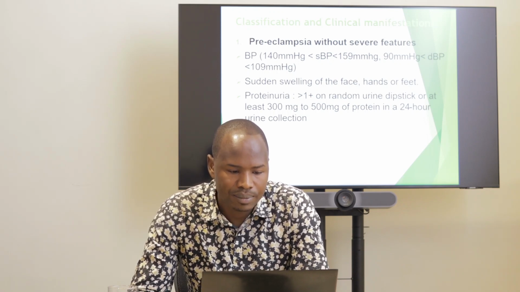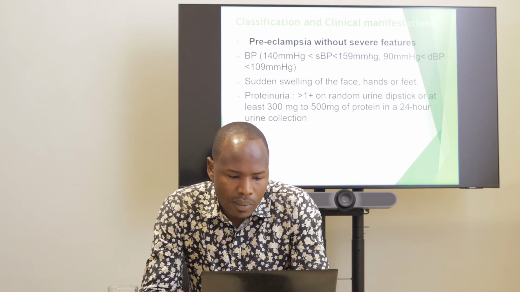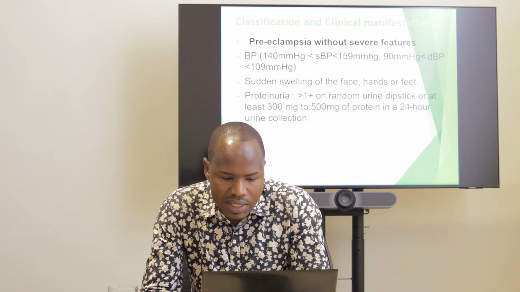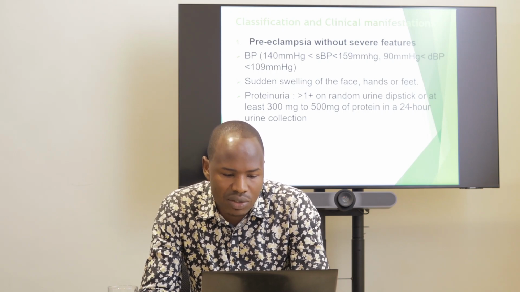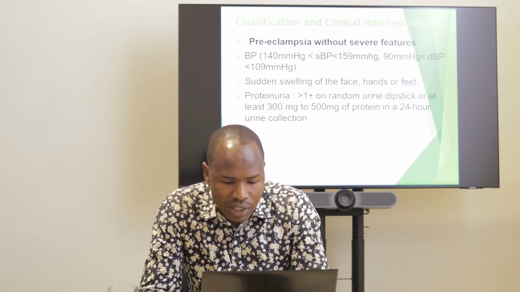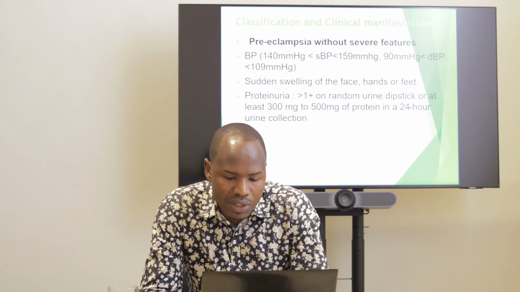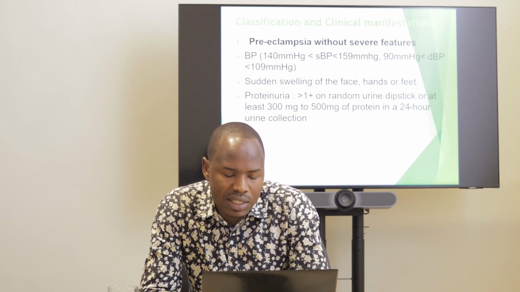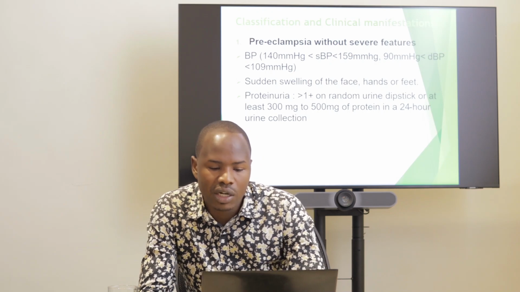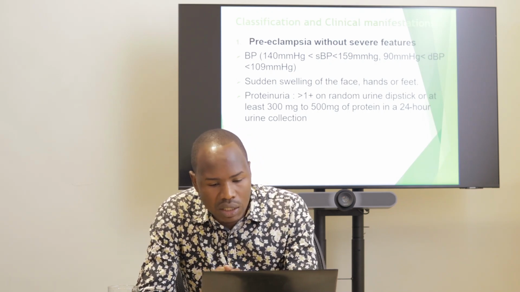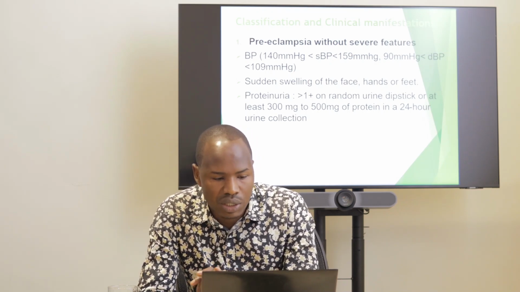This means that the client has high blood pressure plus sudden swelling of the face, hands or feet, and proteinuria on random urine dipstick, or at least 300 milligrams to 500 milligrams of protein in 24 hours urine collection.